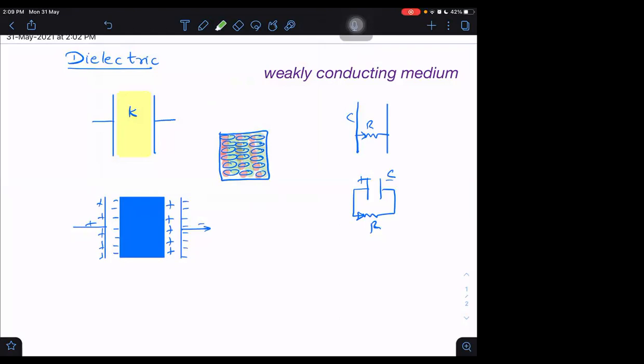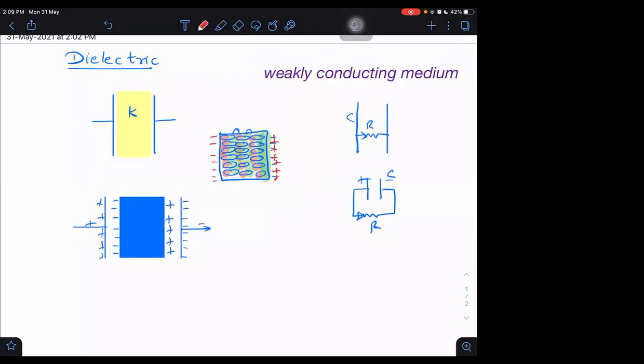Overall, internally, positive and negative charges cancel each other. But if we look only at the edges, at one end it is all this green color, representing positive charge, and at the other end this red, representing negative charge.